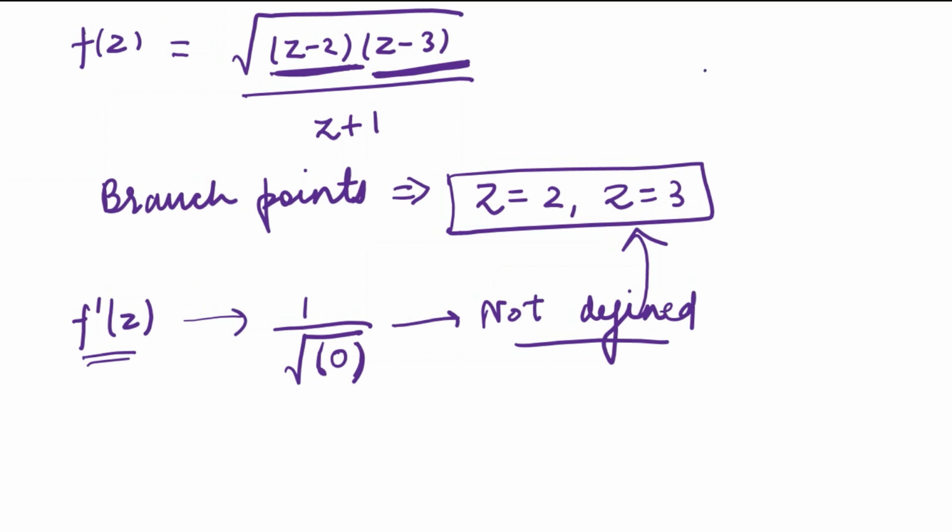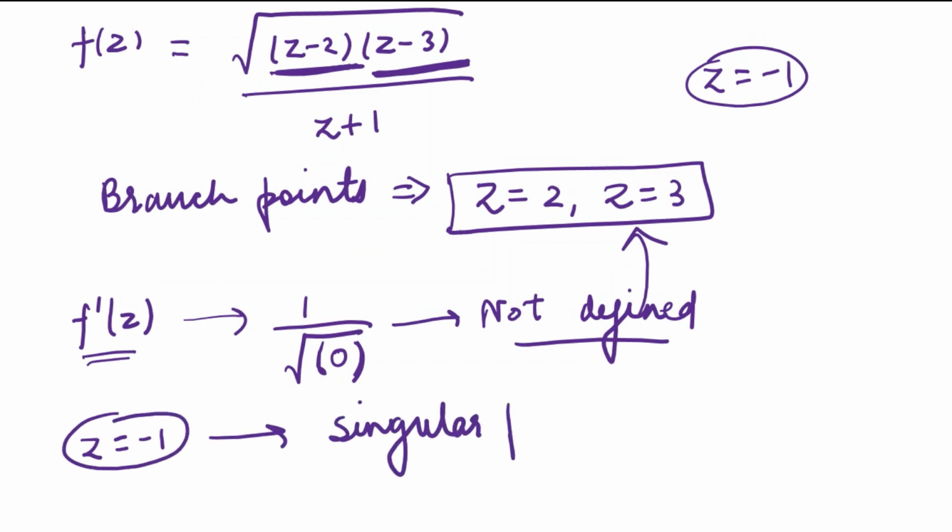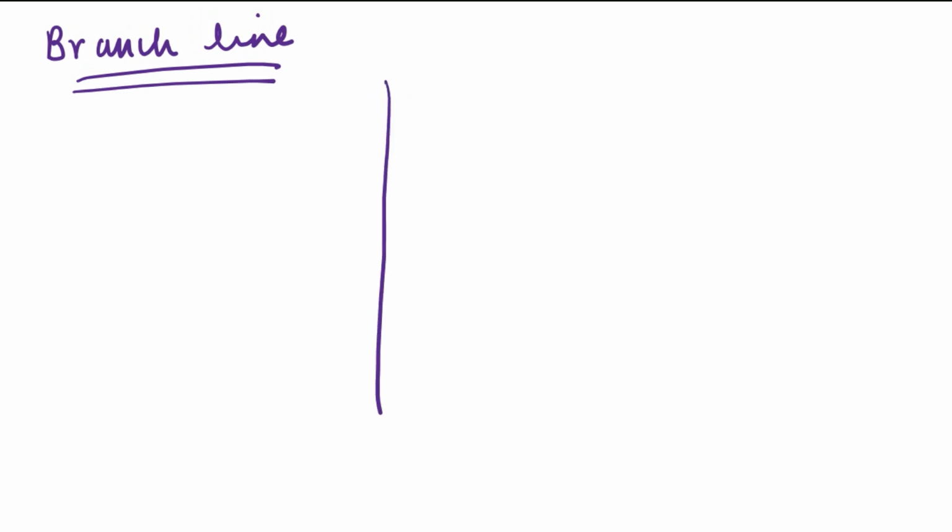What about z equals minus 1? Z equals minus 1 is a singular point because there is no square root here. It is a singular point. Now, the branch line. A branch line is a line connecting the branch points on the complex plane. So we can locate the points on the complex plane.